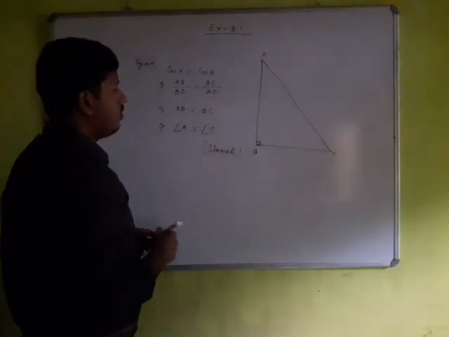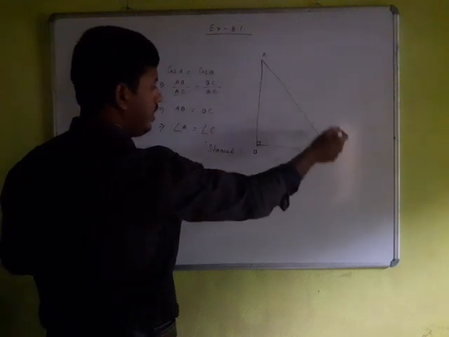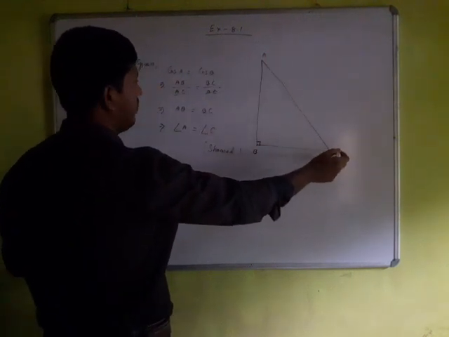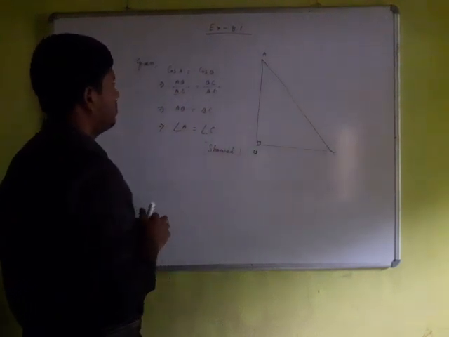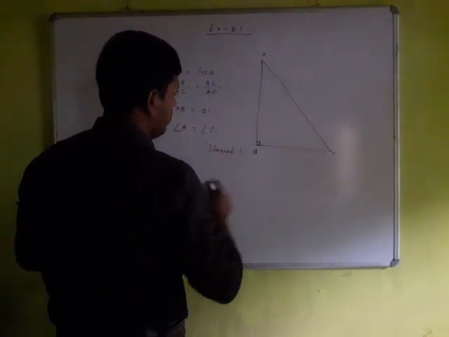So a little mistake occurred. We have considered angle A and angle C as acute angles, but in the question angle A and angle B are acute angles. So we have to change a little bit.